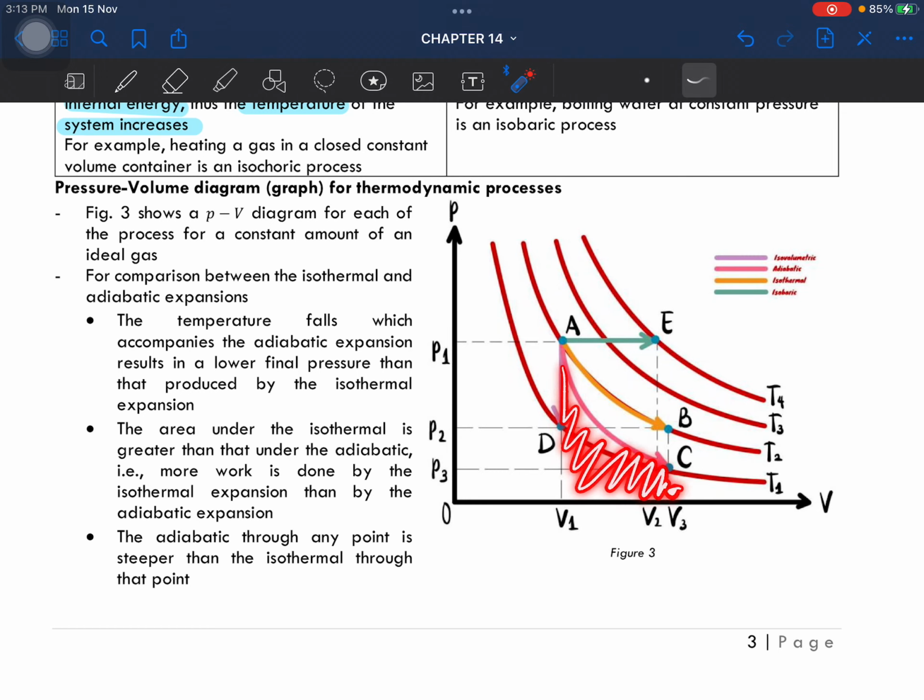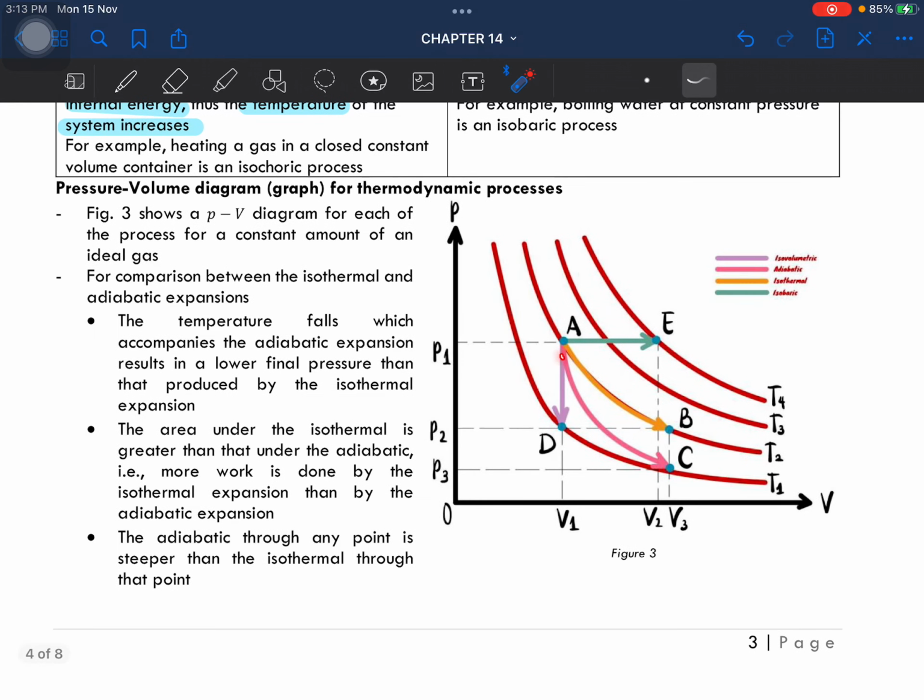What does the area under the graph mean? It tells us the work done by the isothermal expansion is greater than the work done by the adiabatic expansion. The adiabatic through any point is steeper than the isothermal through that point. So this adiabatic process is steeper than this isothermal process. This is just a comparison between isothermal and adiabatic.